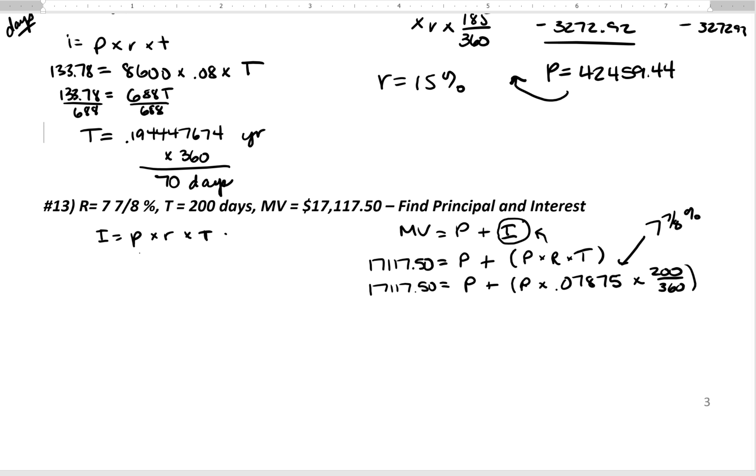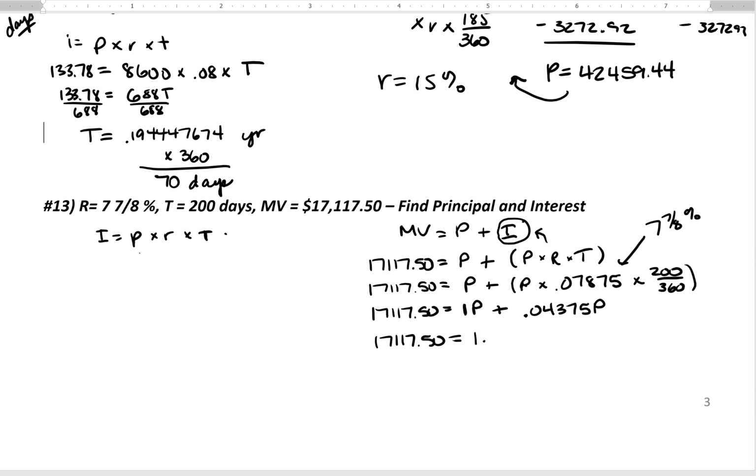So if I rearrange things, I have 17,117.50. Well, that is like a 1 times P plus, when I multiply 0.07875 times 200 over 360, I get 0.04375 times principal. So we're just working algebraically through this.